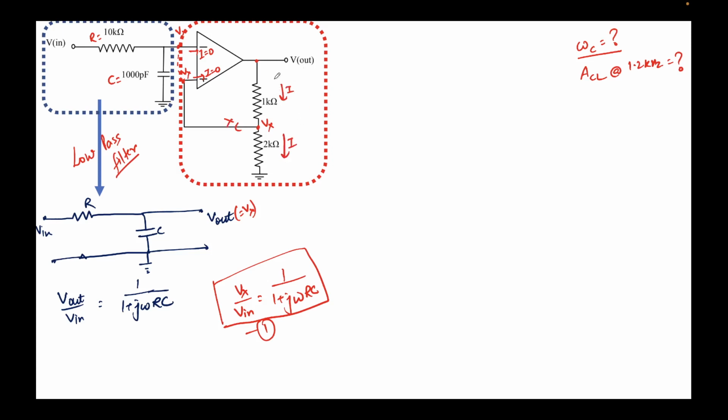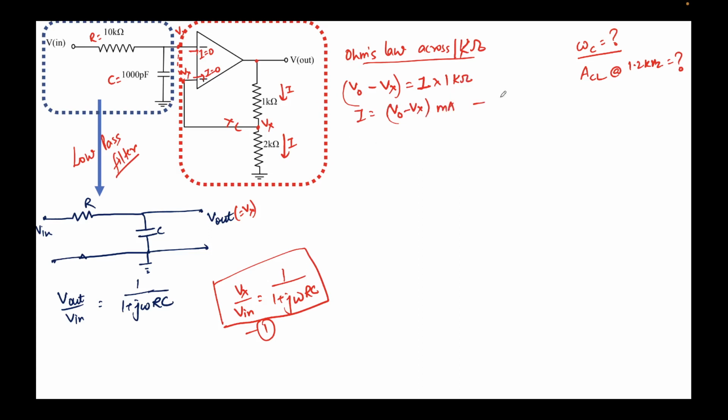So let's try to find the value of I. I'll write Ohm's law across the 1 kilo ohm resistor, so that would be V equal to IR. The potential across this resistor is V out minus Vx, equal to the current flowing through the resistor, I, times 1 kilo ohm. So I get the value of I as V out minus Vx milliamps. If you take 1K below, it will become milliamps.